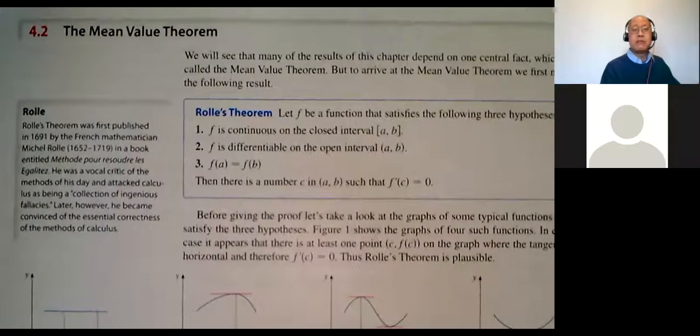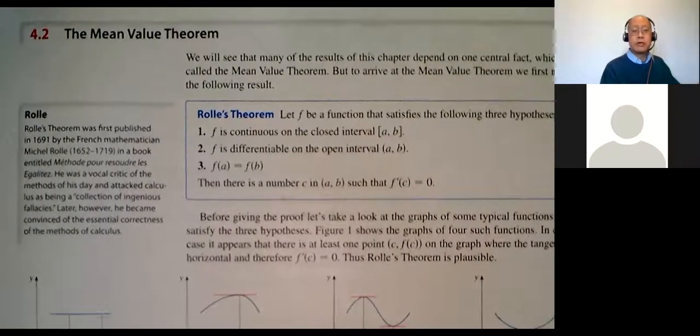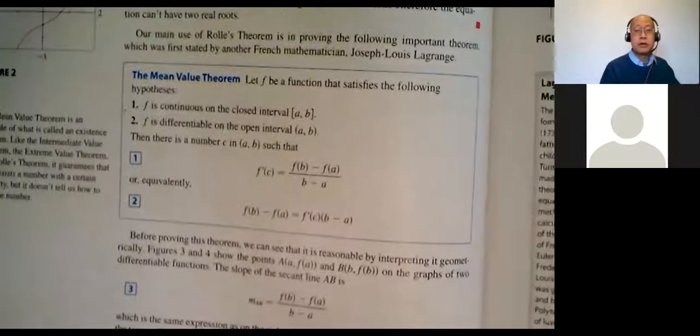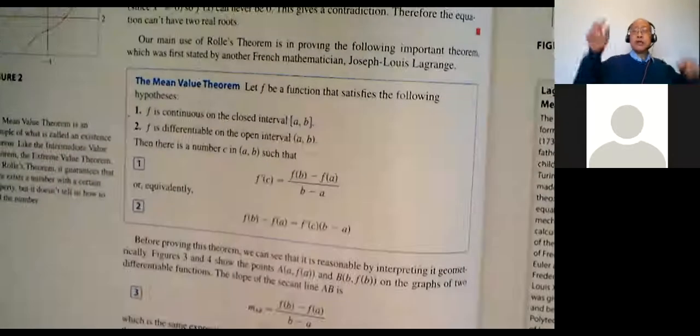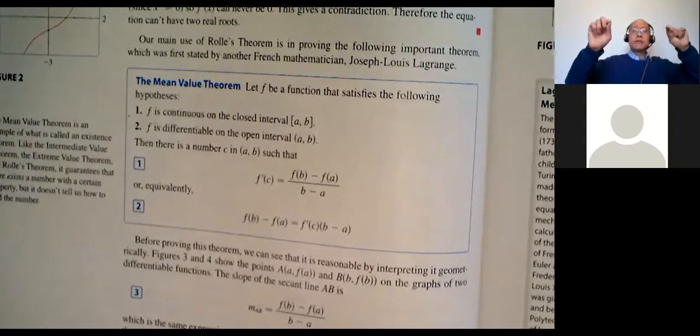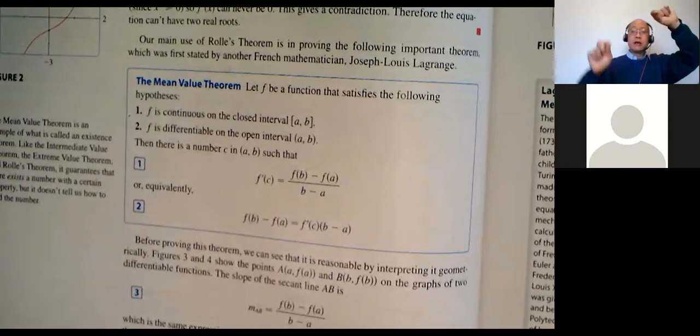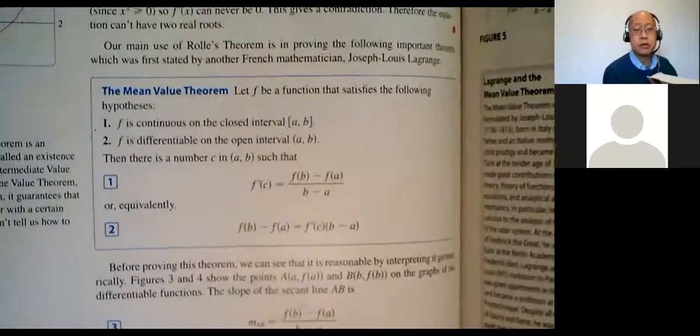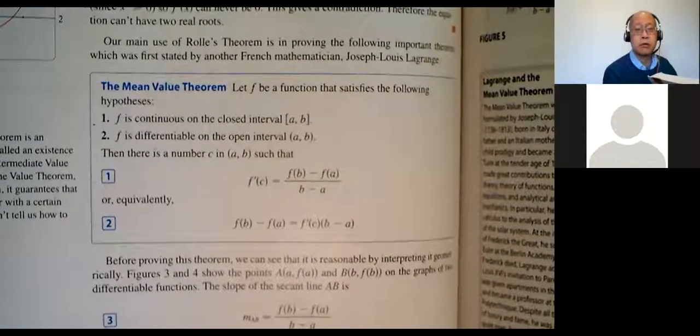So for the mean value theorem, 1 and 2 are the same, but there's no 3. Which means these two endpoints don't have to be the same height. It can be like that or like that, but still continuous on a closed interval and differentiable on an open interval.